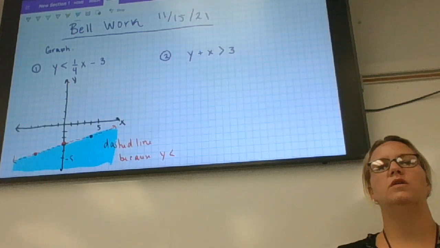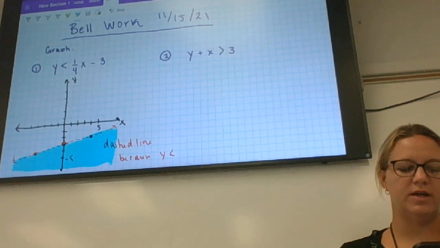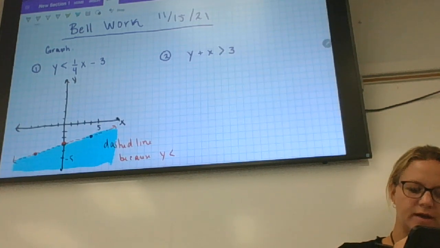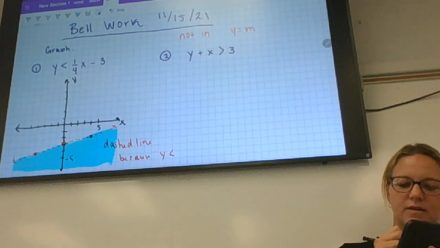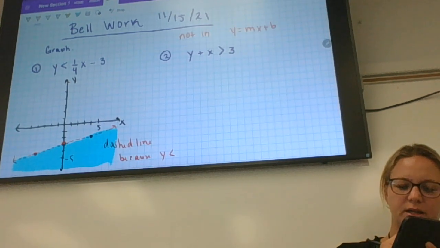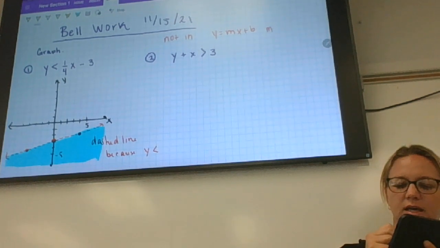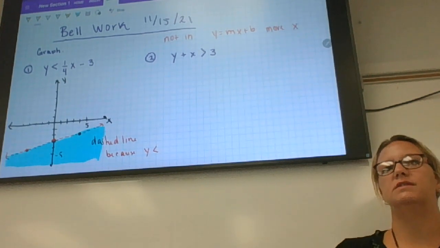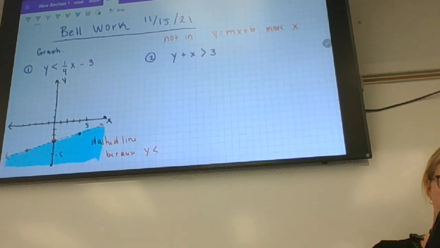Alright, so what do I have to do to put this in y equals mx plus b format? I'm going to move the x myself. I'm going to rearrange this so that it looks how I want it to.